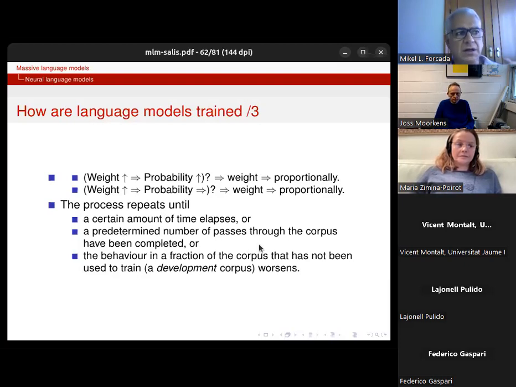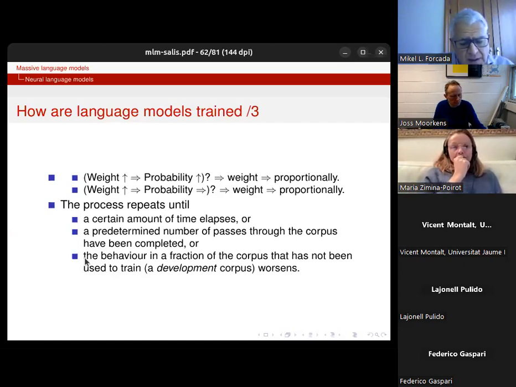So you just have the network read it, let's say 2, 3, or 4 times, because you know from previous experience that maybe 3 times is enough. Or you monitor the behavior on a fraction of the corpus that you haven't used for training, a development corpus, and when the behavior there worsens, then you stop, because probably you're memorizing stuff.